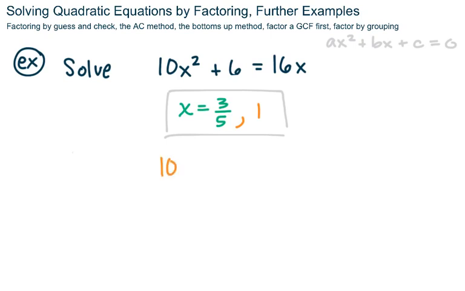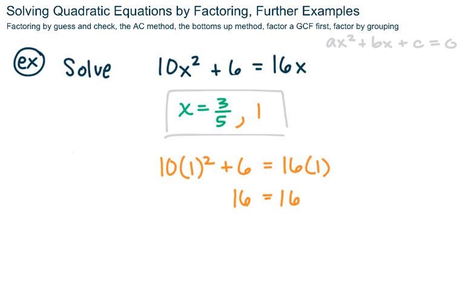I'm not going to deal with the fraction here because that would be a little bit messier, but I'll plug 1 in for both of my x's, and you'll see I get 16 equals 16. Plugging in 3/5, you'd get 9 over 25, and then we've got to divide and reduce. But both of those are solutions for this quadratic equation.